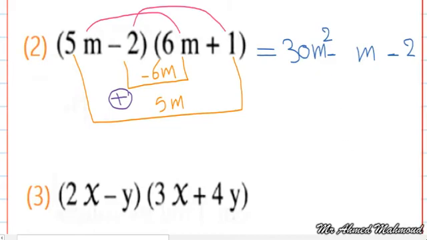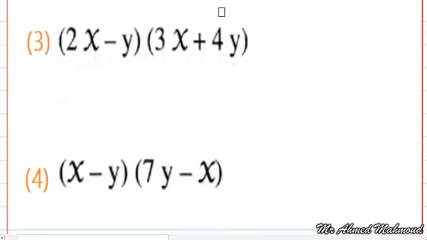The next one, 2x minus y multiplied by 3x plus 4y. 2x times 3x equal 6x to the power of 2, and then negative y times 4y. Don't forget we have here 1.